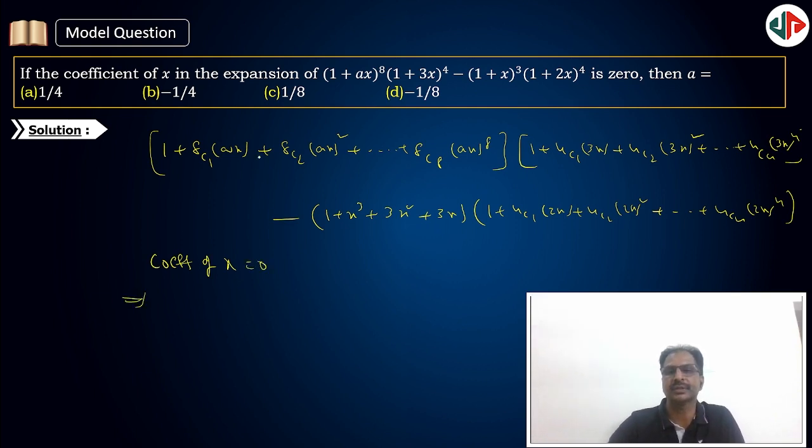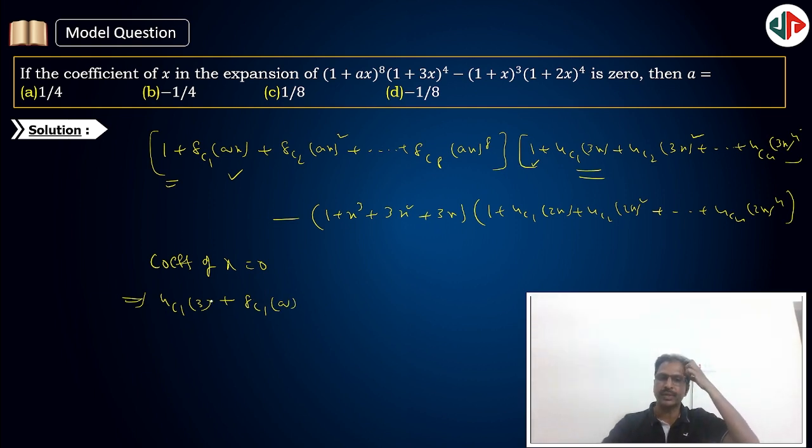Where you get coefficient of x? When 1 is multiplied with this, you will get coefficient of x, which is 4c1 into 3. When 8c1 ax is multiplied with 1, then only you will get coefficient of x, which is 8c1 into a. In that first product, you get only these two. Minus in this product, where you get coefficient of x, when 1 is multiplied with this, that is 4c1 into 2, and 3x is multiplied with this, minus 3.